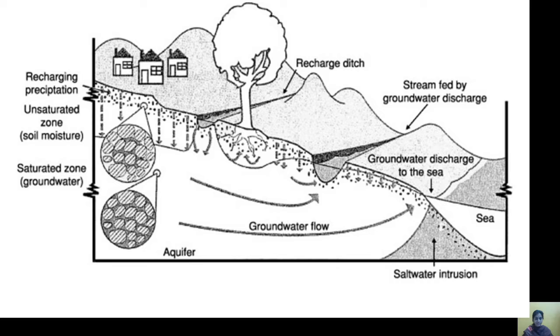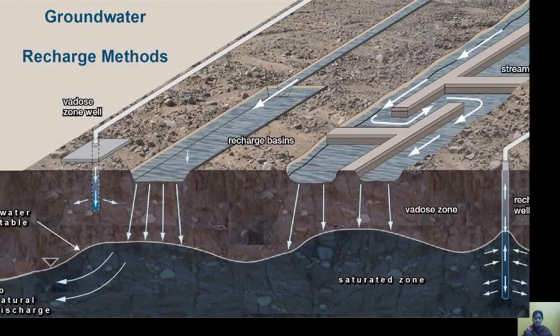Stream fed by groundwater discharge. Groundwater discharging to sea. This is also the picture where various methods are there. You can see the recharge basins which will increase the groundwater table.